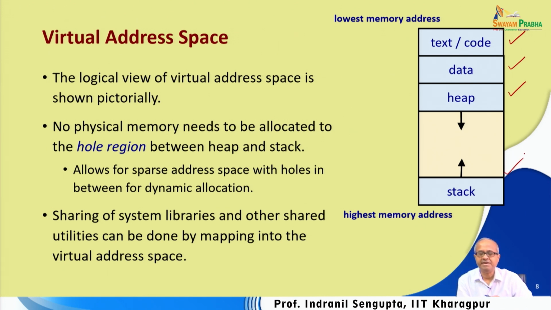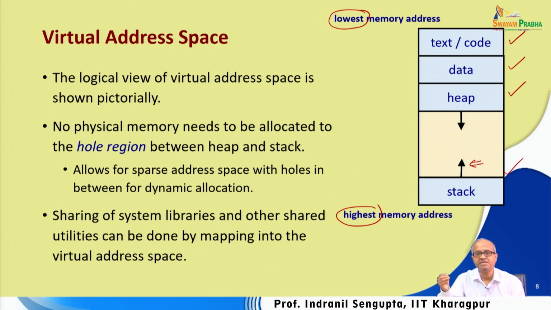Now, in Unix or Linux or even other operating systems, typically the stack and heap grow in different directions. This is the lowest memory address, this is the highest memory address. So, when you push something in the stack, it will grow from the higher to the lower memory addresses like this.